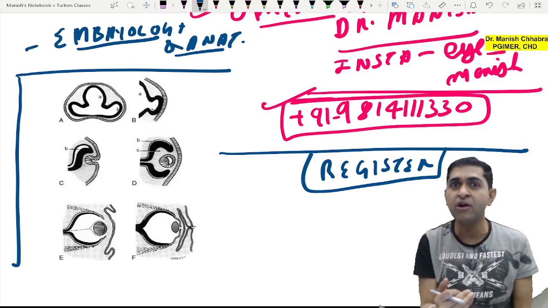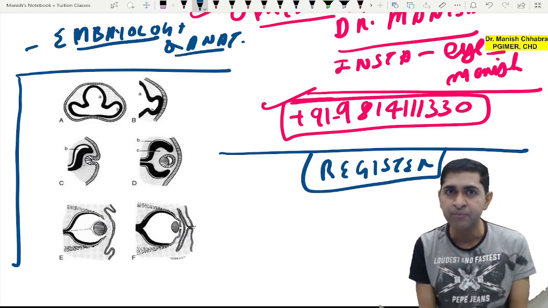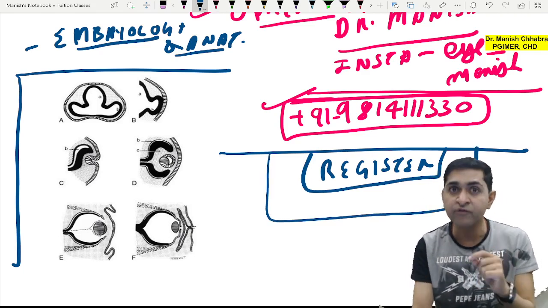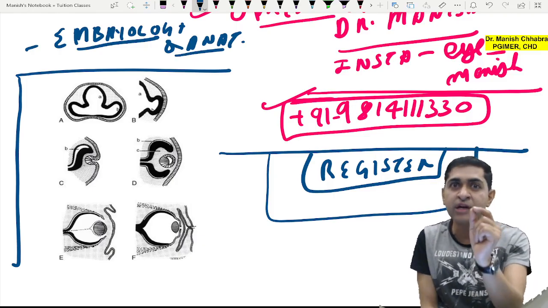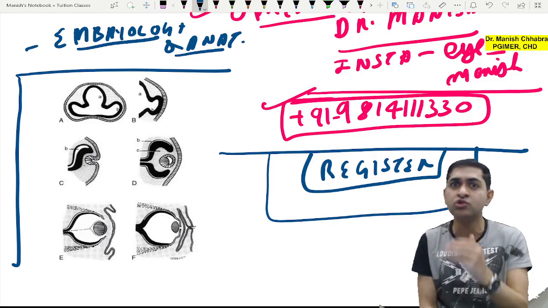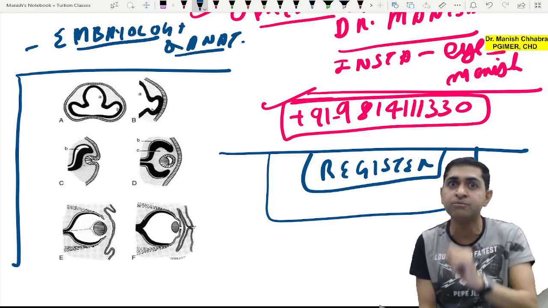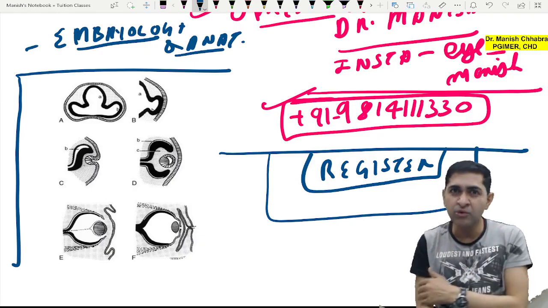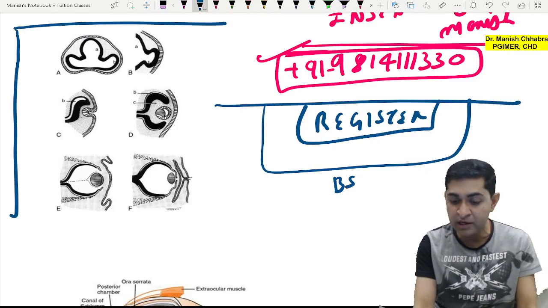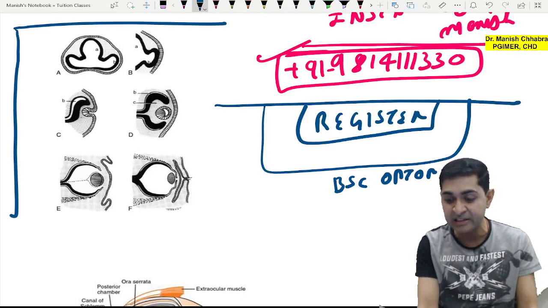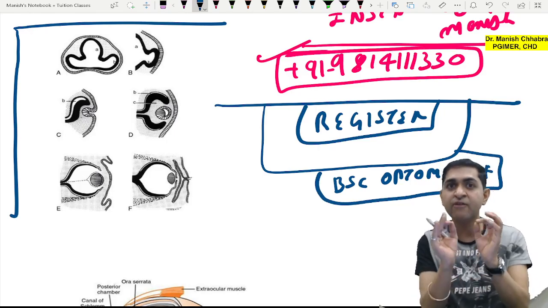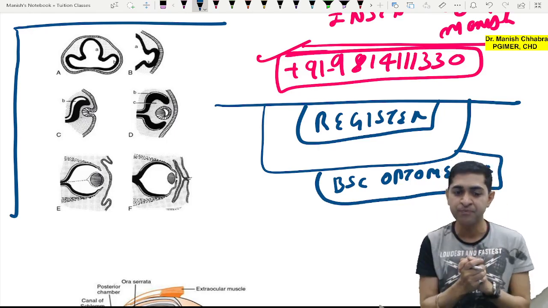And during the nth hour of your university exam, especially, see, ophthalmology is not only important for MBBS third prof part 2 students. Now ophthalmology is in third prof part 2. It is also important for students who are doing BSc Optometry. So if you are an Optometry student, you still have to make good notes, right?